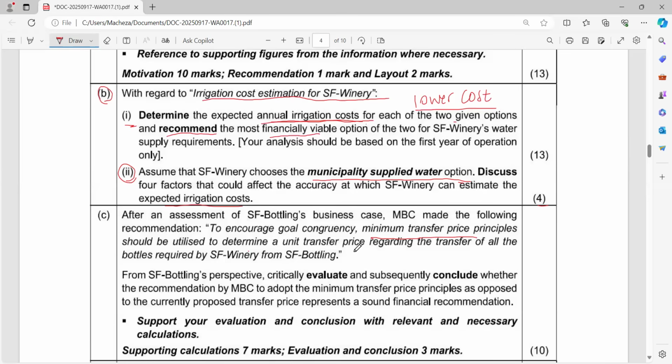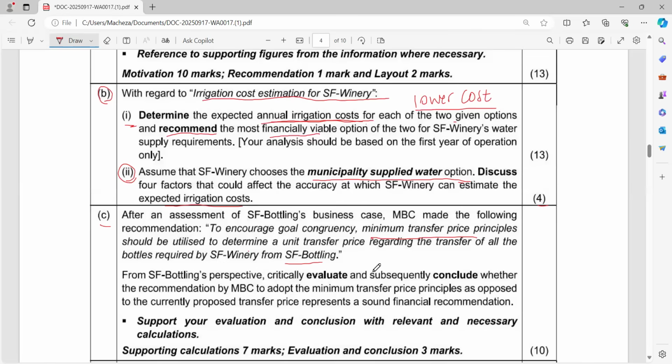Like what they are asking here, let's just read this one. They say, after an assessment of SF Bottling's business case, MBC made the following recommendation to encourage goal congruence. The minimum transfer price principle should be utilized to determine a unit transfer price regarding the transfer of all the bottles required by SF Winery from SF Bottling.